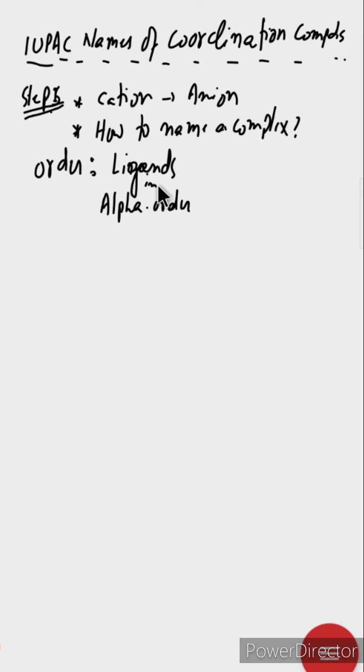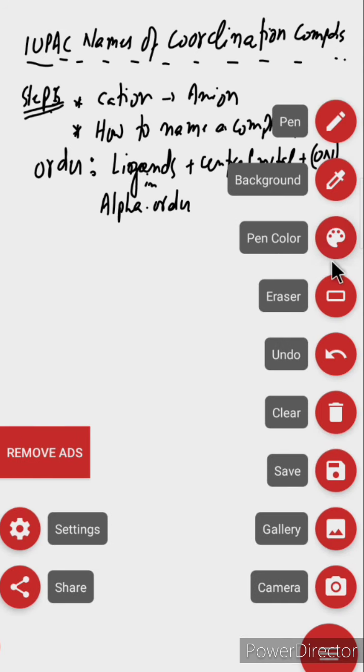After the ligands we must name the central metal. After naming the central metal we must write the oxidation number of the central metal in parentheses.